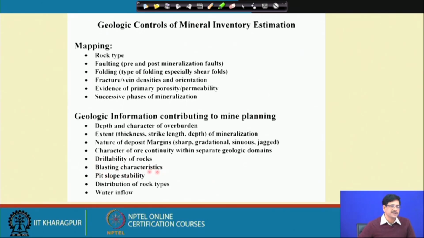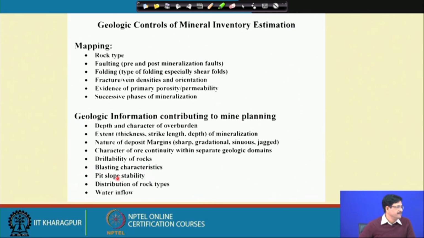Then the blasting characteristics, because to exploit the ore from the ore body we need to disintegrate it, blast it, so that the ore and the waste are recovered and then transported. This is very technical, and the exact amount of explosive required to release a particular mass of rock can be well calculated.